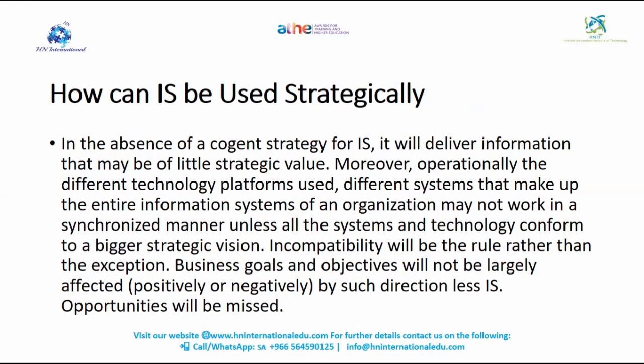Incompatibility will be the rule rather than the exception. Business goals and objectives will not be largely affected, positively or negatively, by such a directionless information system. Opportunities will also be missed. So if the information system is not embedded properly or planned properly, it will not be the thing that you are expecting it to be.